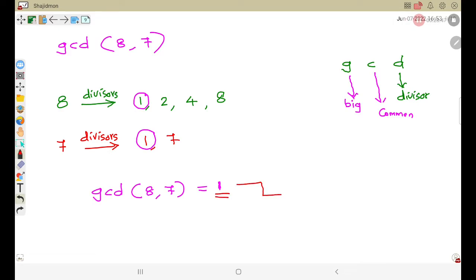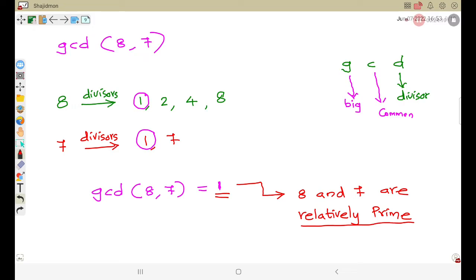If you are getting GCD 1, those two numbers 8 and 7 we say are relatively prime numbers. So remember this word: relatively prime means the GCD of those two numbers should be equal to 1. I hope you understood that one. What is the meaning of relatively prime? We will do more questions in the exercise.